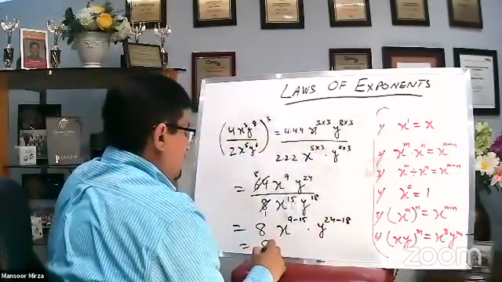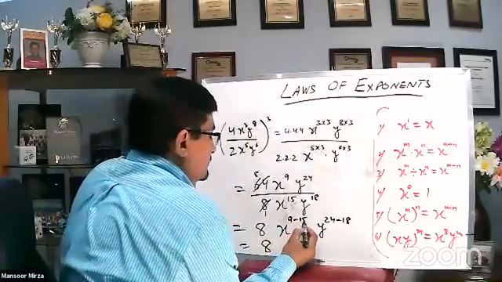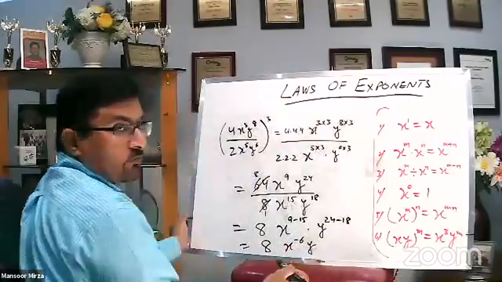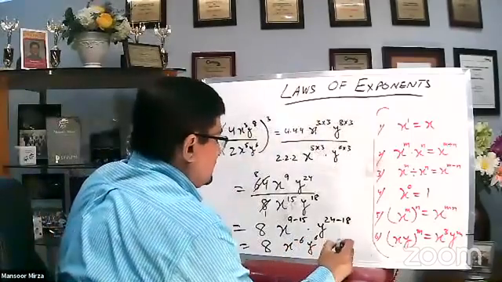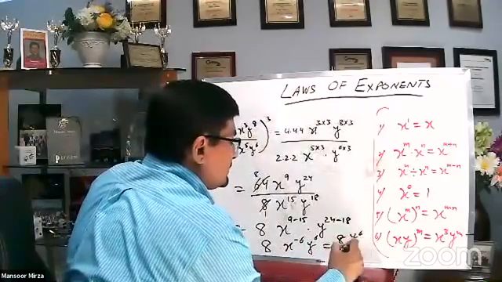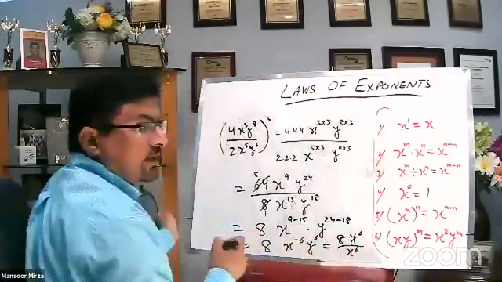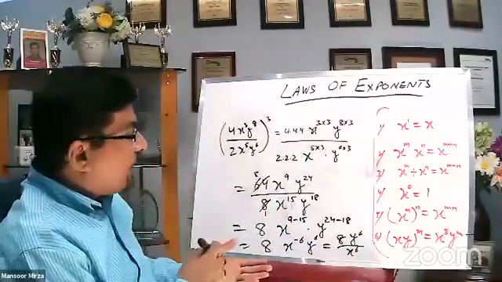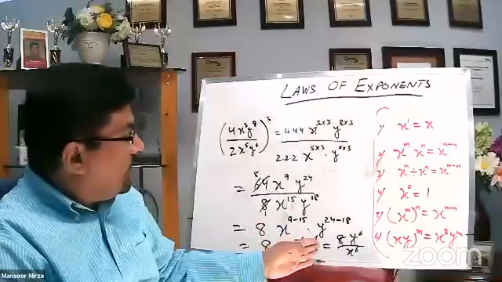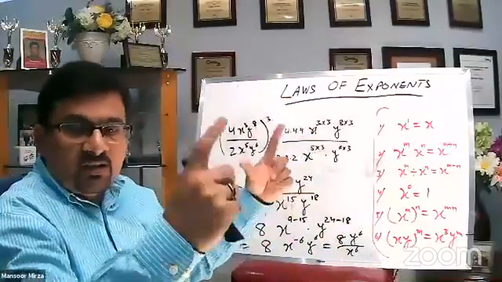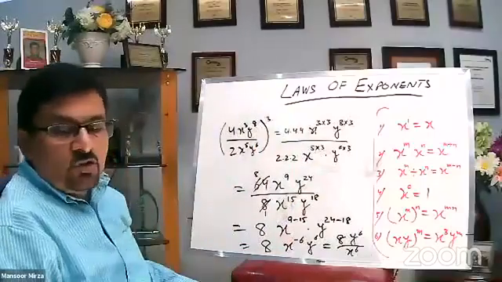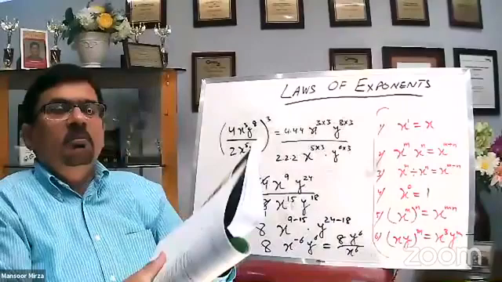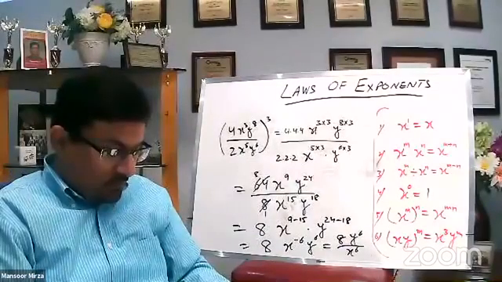So now, what would be my answer? This would be x^(-6), and y^6. I can easily write down 8y^6 over x^6, because it's better to move it and make the exponent positive. Either I can write it this way, or if somebody likes, they can write 8 into (y over x) whole exponent 6, but I think this should be an okay answer. If anybody has any questions, please feel free to contact me or ask me any questions.